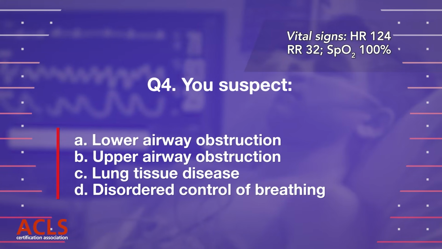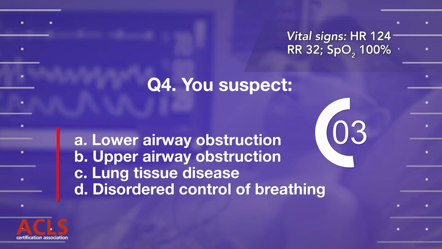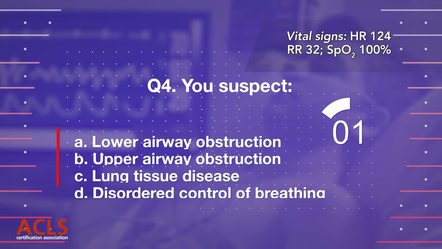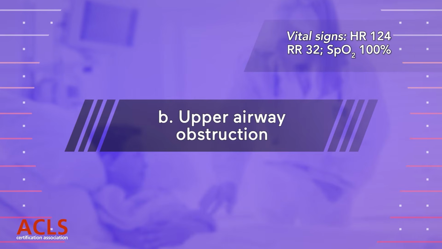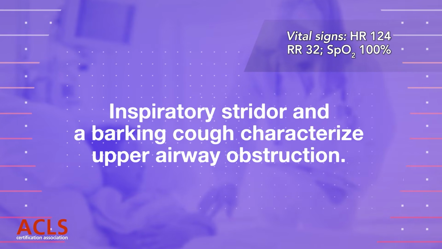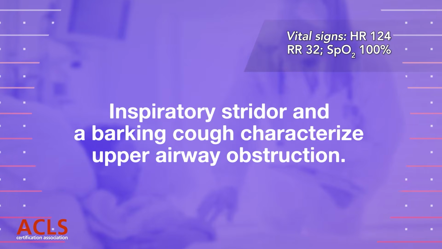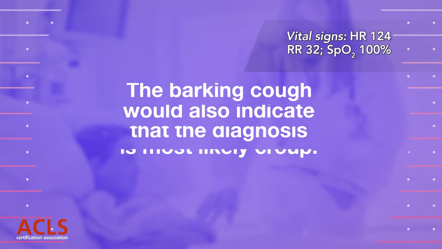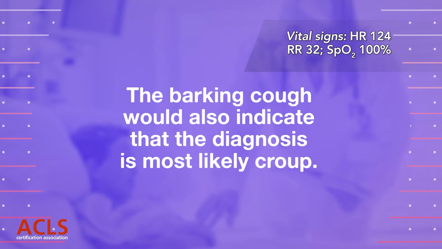D. Disordered control of breathing. Correct answer, B. Upper airway obstruction. Inspiratory stridor and barking cough characterize upper airway obstruction. The barking cough would also indicate that the diagnosis is most likely croup.